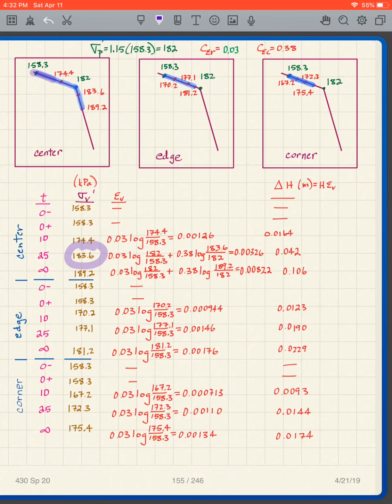But now I'm going to 183.6. So 183.6 is there again, which means I have to use both portions of the plot. We've done this enough times. And then the last one, 189.2, I also have to use both portions of the plot. I get my epsilon v values.